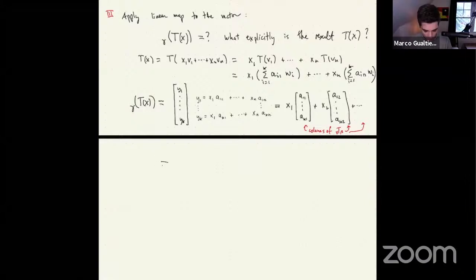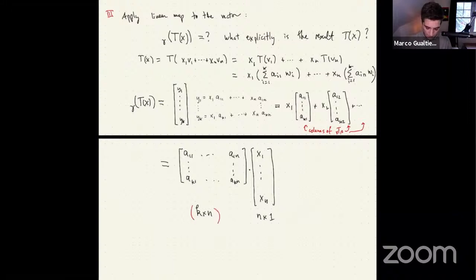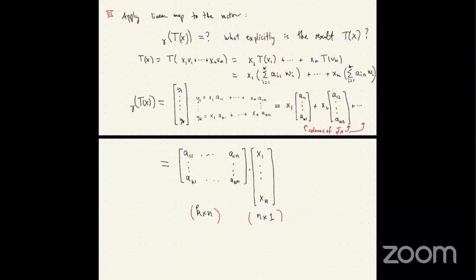This is exactly how we define the matrix product between a k by n matrix and an n by 1 matrix.